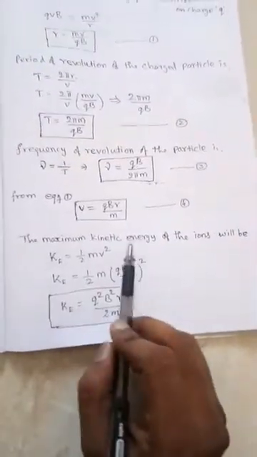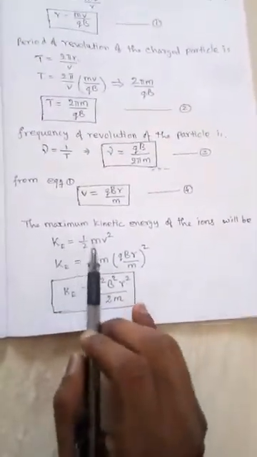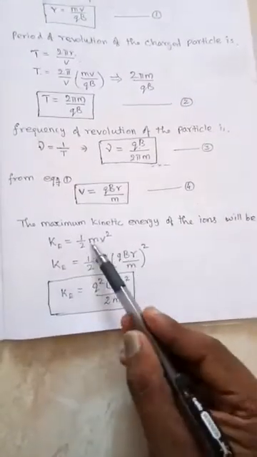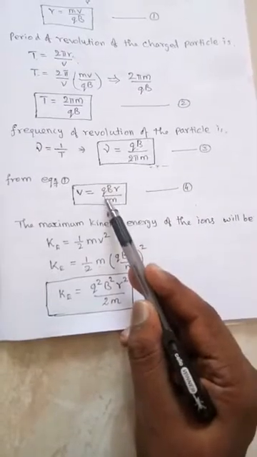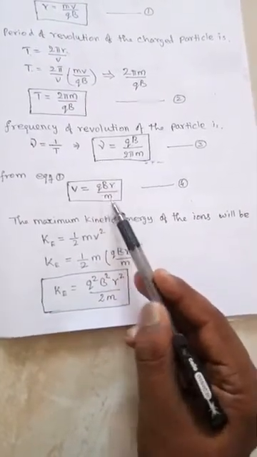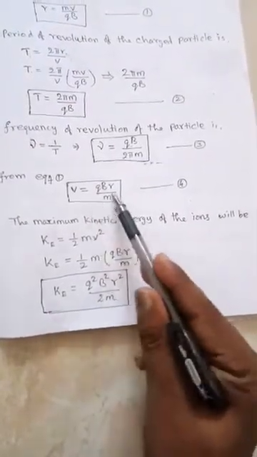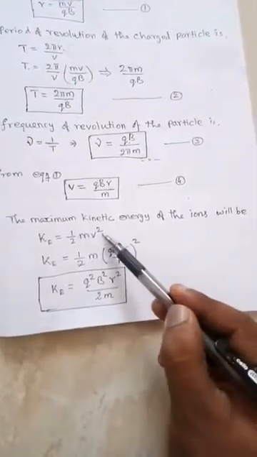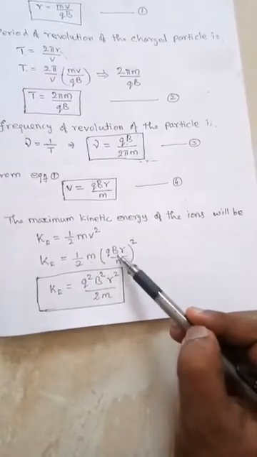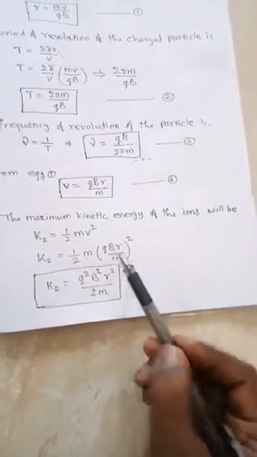The maximum kinetic energy: you know the formula for kinetic energy, half m v squared. Substitute the v value: half m times qBr by m whole squared.